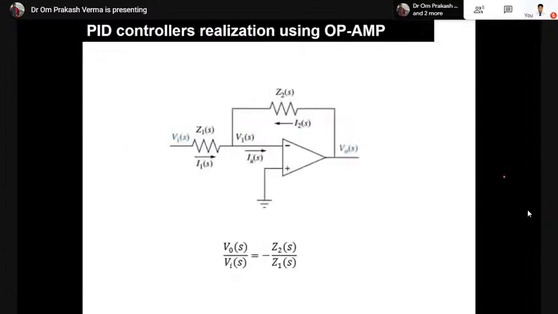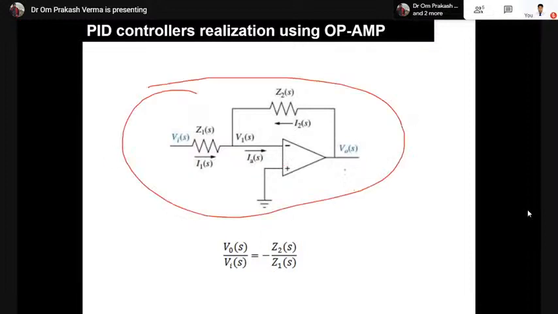Now it is time to realize the PID controller, or any type of controller, using some electronic or electrical circuit. One method is given here using the op amp. You know how the op amp works. As I told you in one of the slides, it is an important slide because I will use it again.